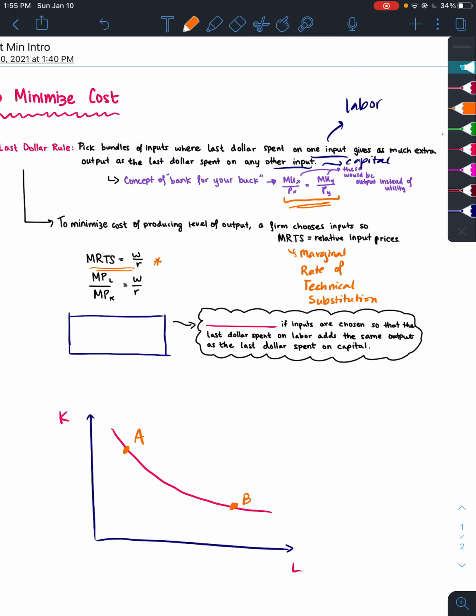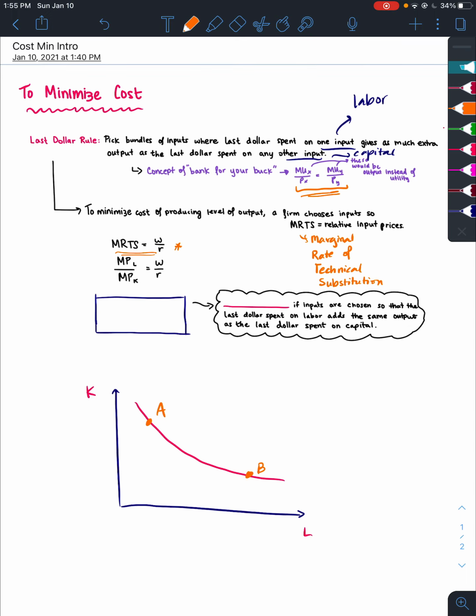And if you've seen from previous videos, we should already know that the MRTS is the same as the marginal product of labor over the marginal product of capital, right? And that is where this comes from. So we just equate those two.